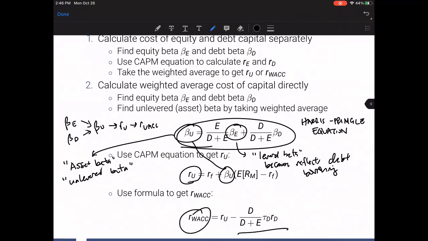In general, it should be quite obvious that the asset beta is less than beta E, right? Because the cost of debt is typically lower than the cost of equity.